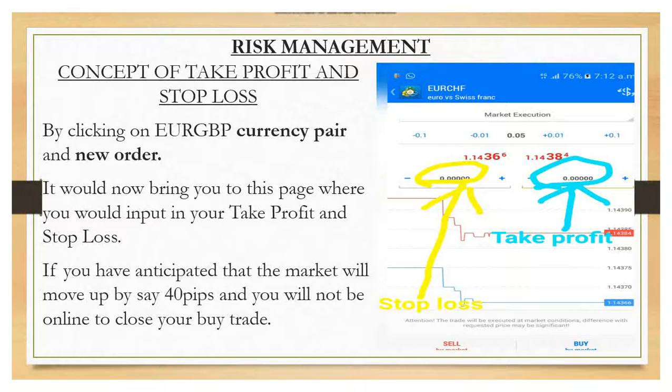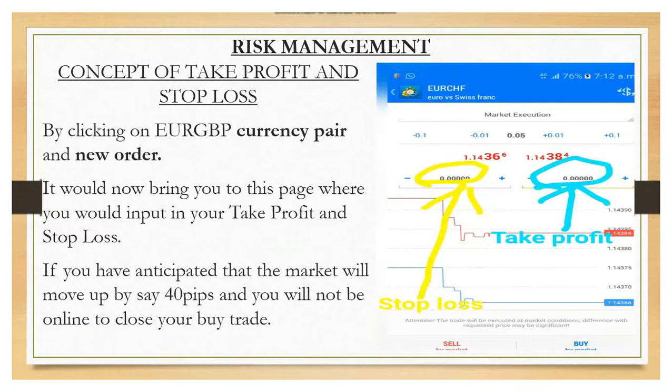By clicking on EUR GBP, that is the Euro GBP currency pair, and new order, it would now bring you to this page where you would input your take profit and stop loss.